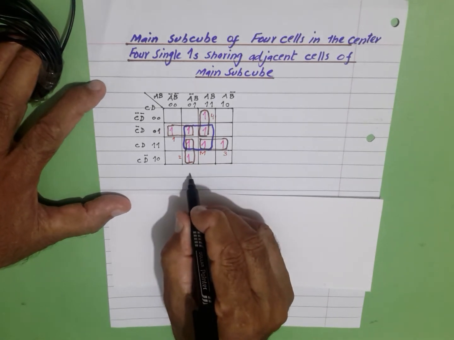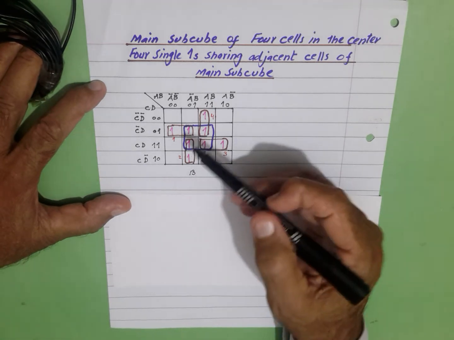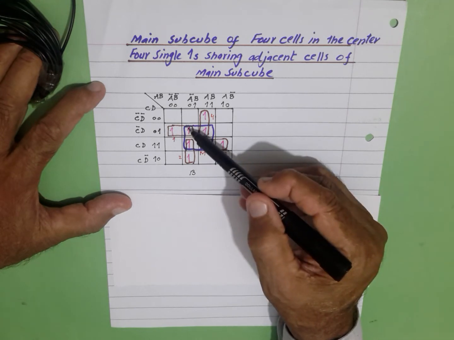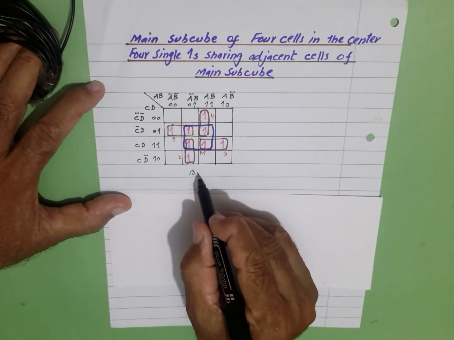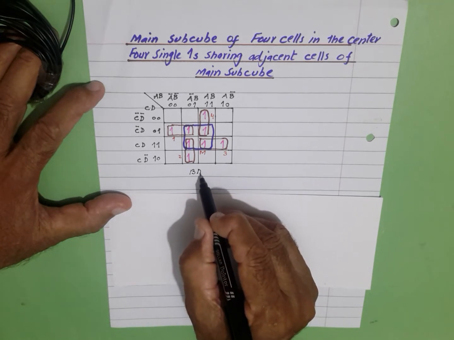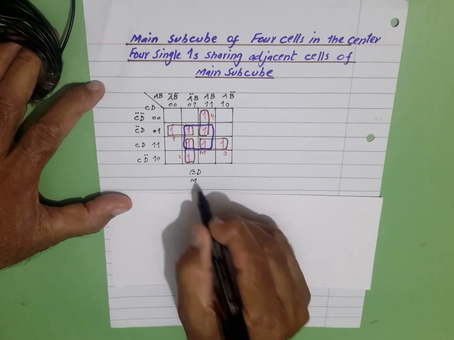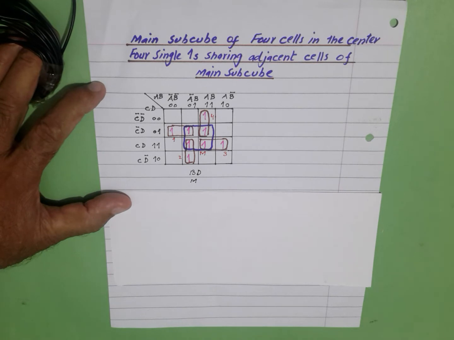We write B. Going horizontally from this row to this row, we see that D is not changing. Therefore the function is BD, and we can write M. The main subcube has been simplified, and we get BD.